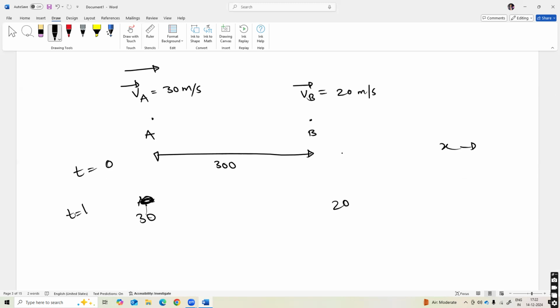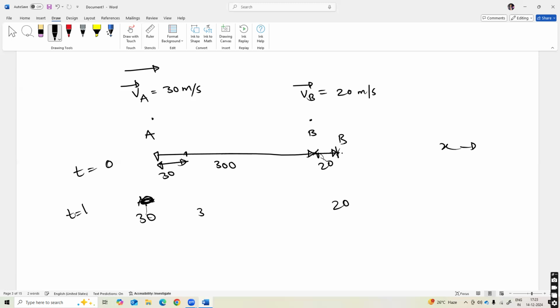B will move to this position, which is 20 meters away, and A will move to this location, which is 30 meters away.